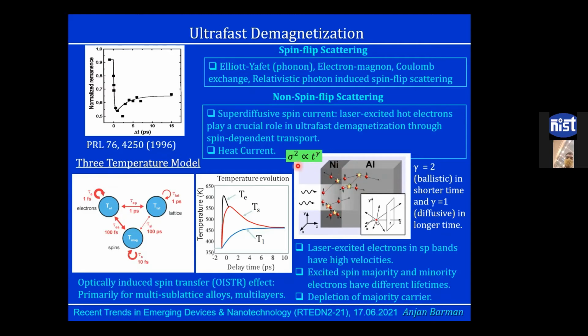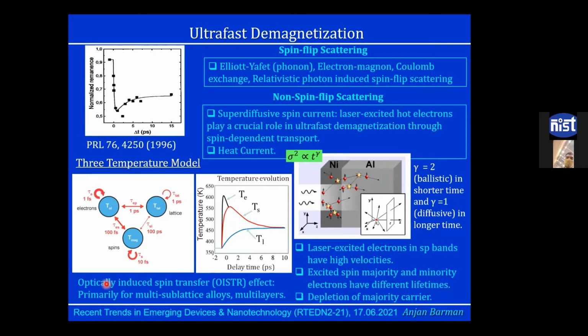We know the diffusion equation is given by the mean square displacement proportional to t to the power gamma, where if gamma is 2, it is the ballistic regime, and if it is 1, it is called the diffusive regime. In this case, it is between 1 and 2 because it starts with 2 and slowly goes into the diffusive regime. That is why it is called the super diffusive spin current.